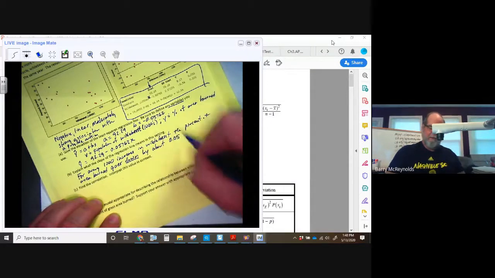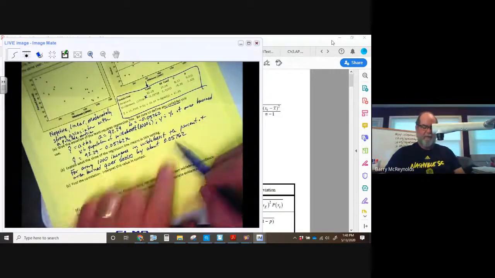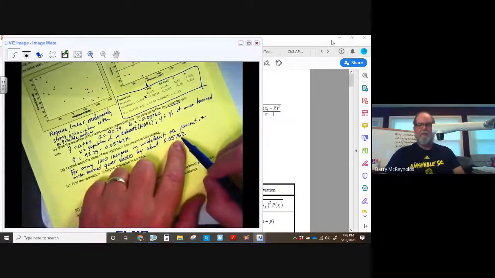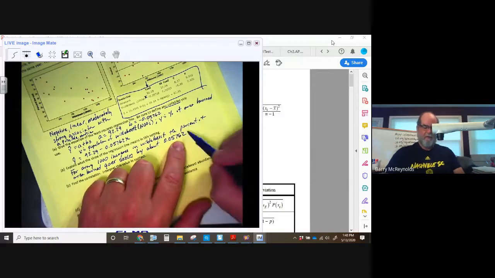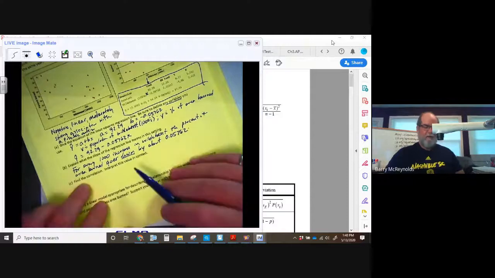You could even say 0.58 here, but to be precise, you could even convert this to a percent. It goes down by about 5.8%. Okay, that's a little bit more readable, but that's precise. You'll get full credit.